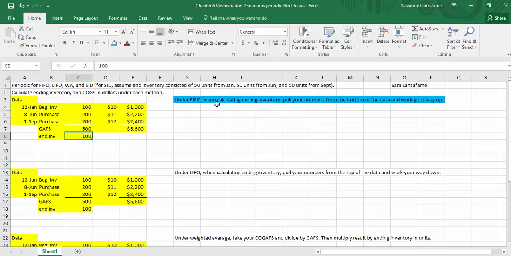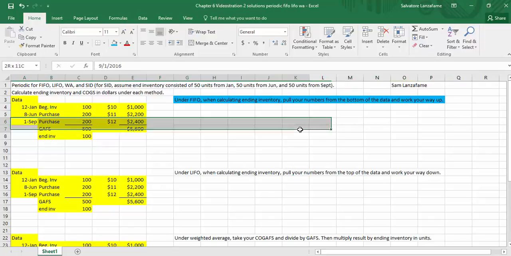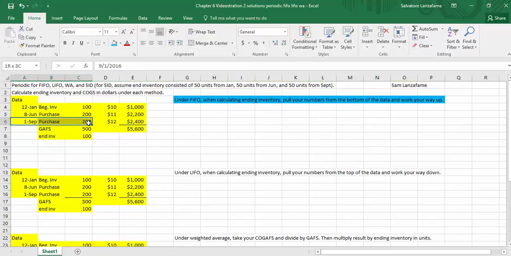And as the instructions say, when calculating ending inventory under FIFO, pull your numbers from the bottom of the data and then work your way up. So we need to account for 100 units. So if there's 100 left, they must have come from the September 1st purchase. If you can see that we had 200 there, and we want to take those first.